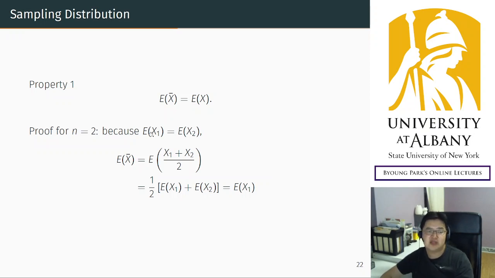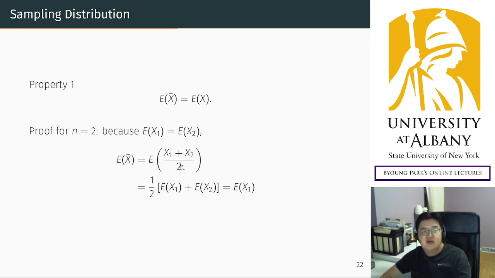Or you may understand it as the mean is not random, but the expectation is common to every observation. And then the expected value of the average can be written as the expected value of (x1 plus x2) divided by 2, which is the definition of x bar.